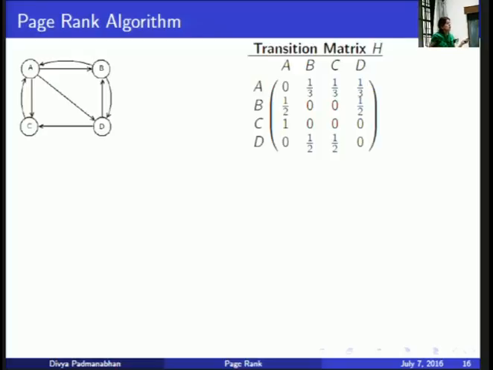Similarly you can construct this matrix, and for node C, there is a link only to A, so this entry becomes 1 and everything else is 0. Is it clear how we are constructing this matrix? Okay, fine. Can you tell whether there is anything particular about H?